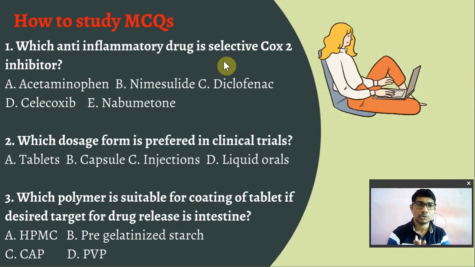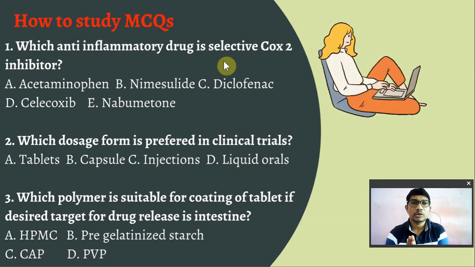Your options are: A acetaminophen, B nimesulide, C diclofenac, D celecoxib, E nabumetone. So there are five options. The correct option is option D, that is celecoxib. Most students know the correct answer, but you should not stop here.